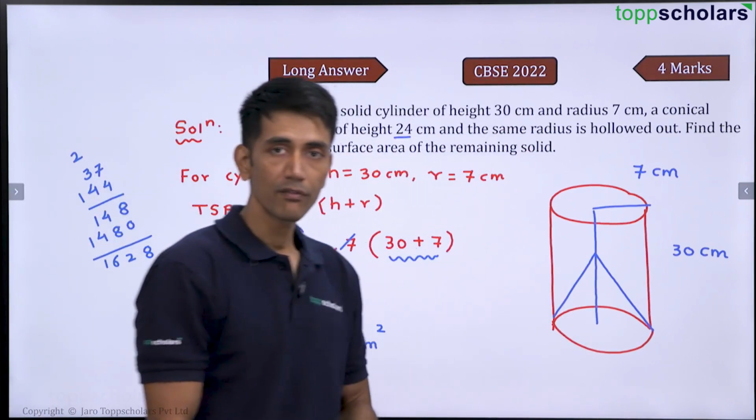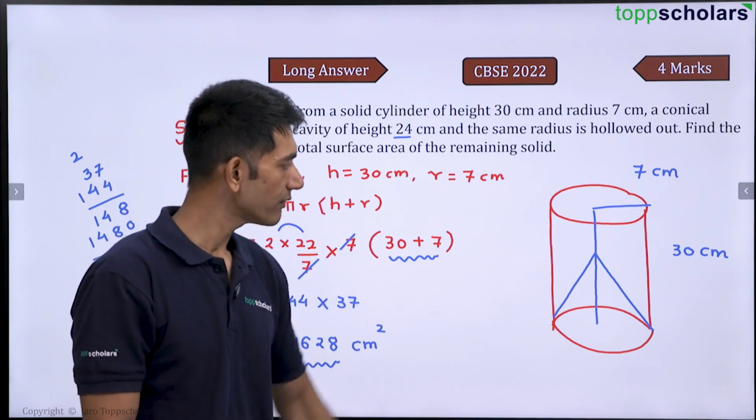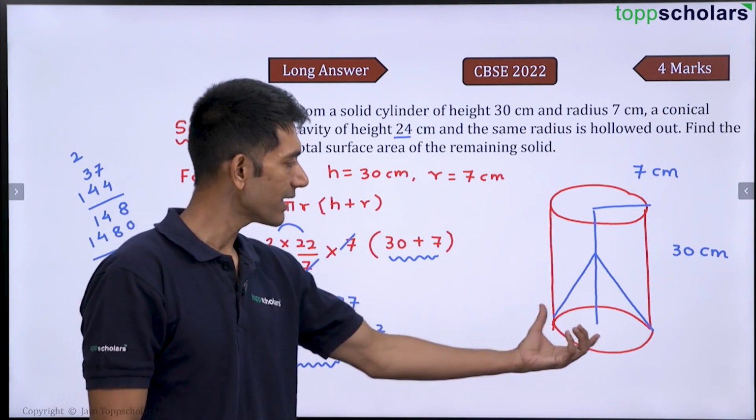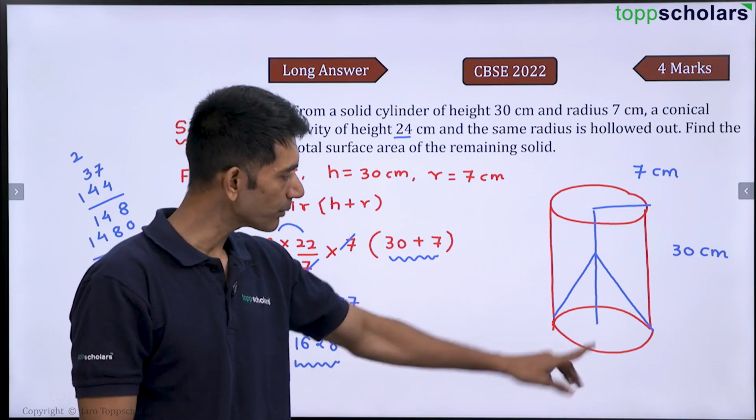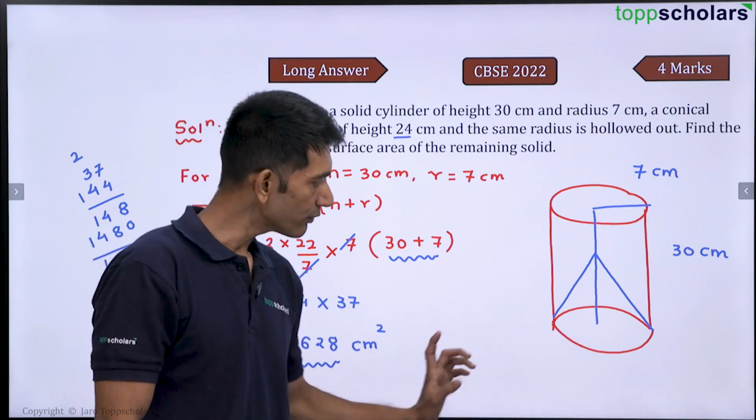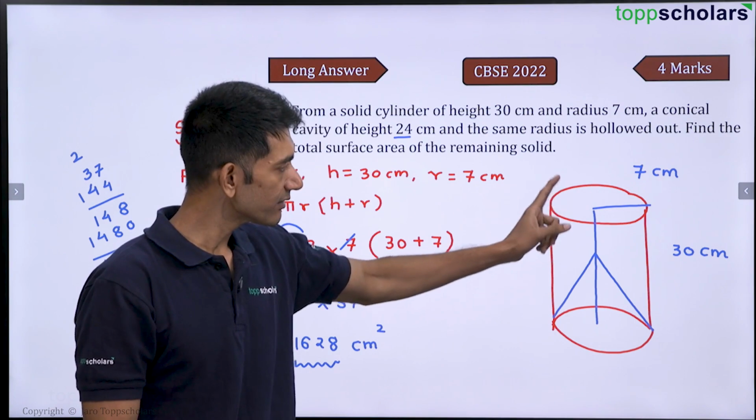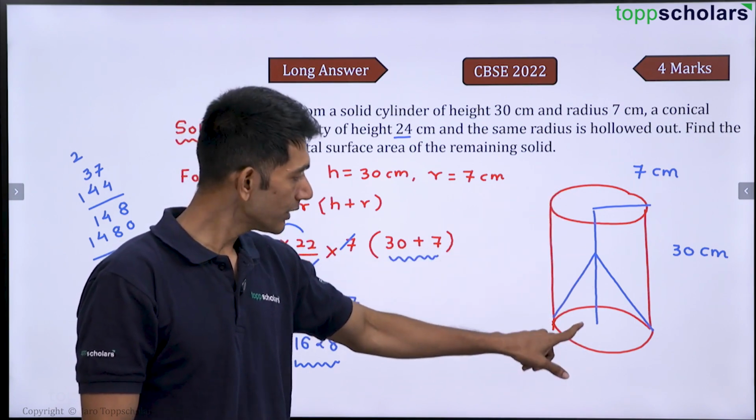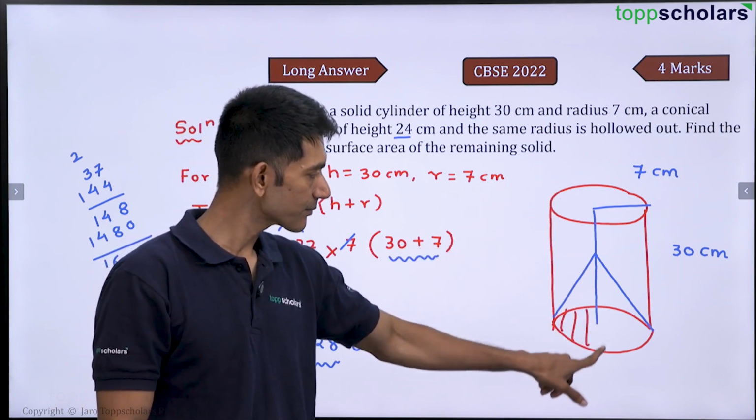Now what we did, we found the total surface area of the cylinder and the total surface area of the cone, but definitely the cavity is removed from the bottom, right? In both the cases, in the cylinder and in the cone, this circle is repeated twice.